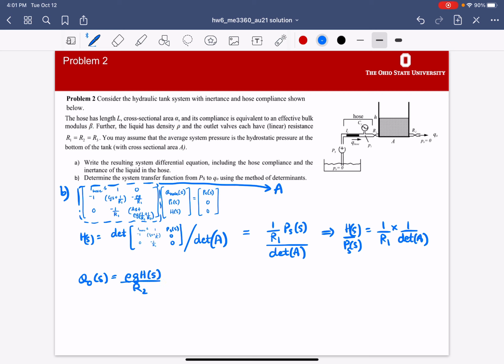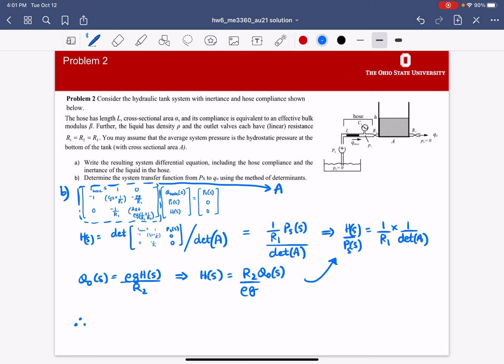So this is again coming from the flow that was going out of the second valve, right? The expression that we had for Q out. So it's the same expression that we have just taken a Laplacian for. And using that, we know that HS can be written down as nothing but R2 times Q naught S divided by rho G. So we plug that in to our expression here.